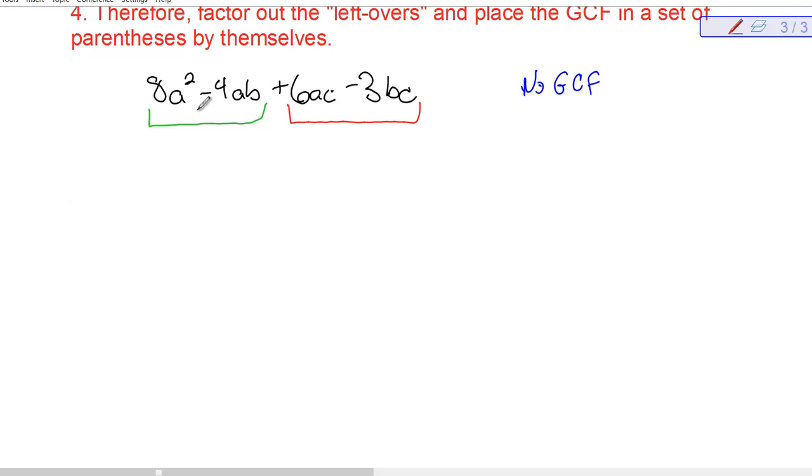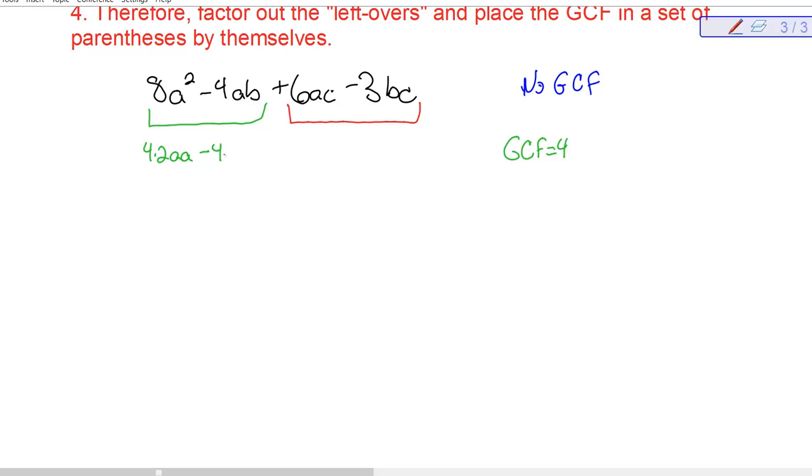So looking at the first pair, I want to look for the greatest common factor of 8a squared minus 4ab. So if I look at the numbers here, 8 and 4, my greatest common number or factor is going to be 4. And then I also want to look at the variables. So if I rewrite it, this is going to be 4 times 2, and then 2 a's.